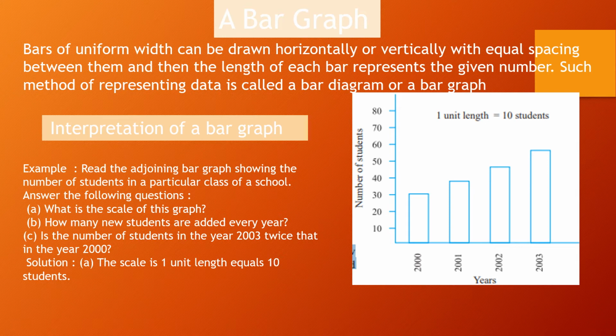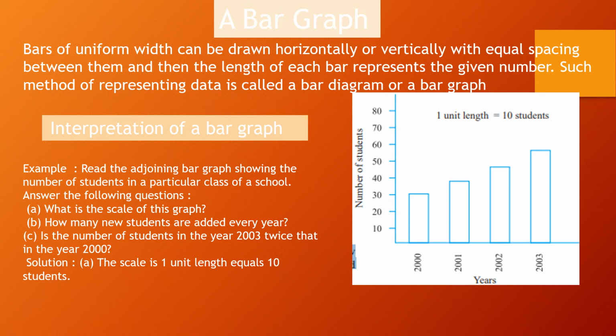Therefore, 1 unit, or 1 centimeter, is represented by 10 students. From that, we can read the number of students for all the remaining years. Therefore, in 2000, there were 30 students studying, in 2001 40 students, in 2002 50 students and in 2003 60 students were there.